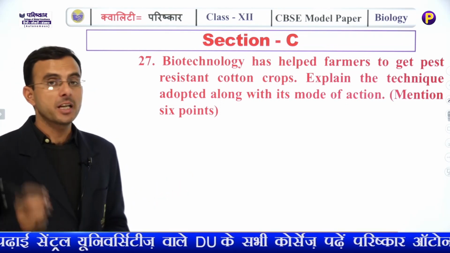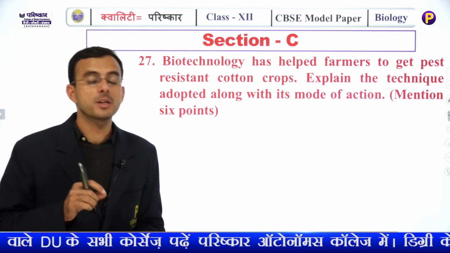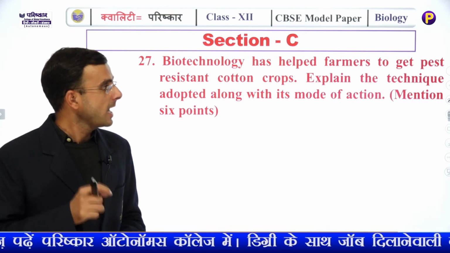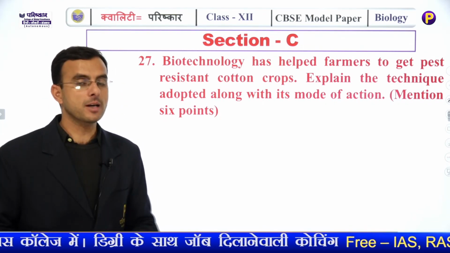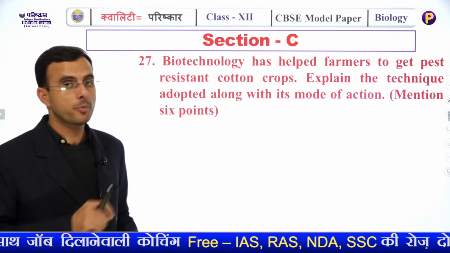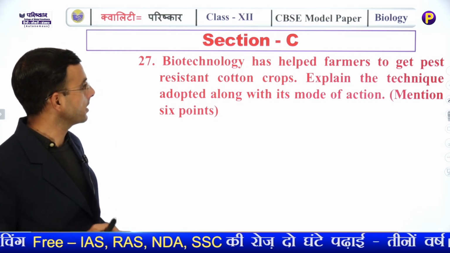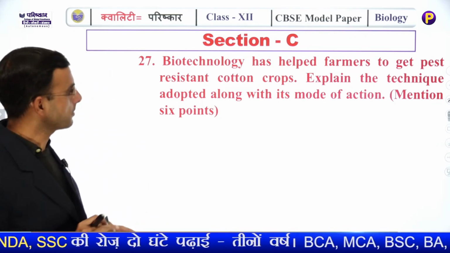This plant is economically very useful for human beings, but it is destroyed by some insects. To protect that plant from insects, we have incorporated a gene in it. Explain the technique adopted along with its mode of action. So what is that mode of action?